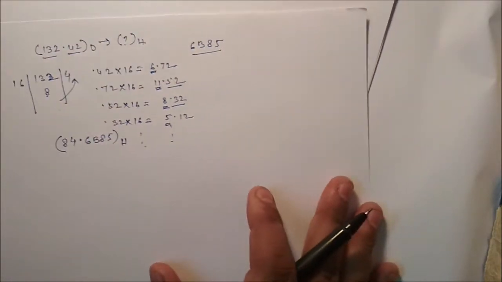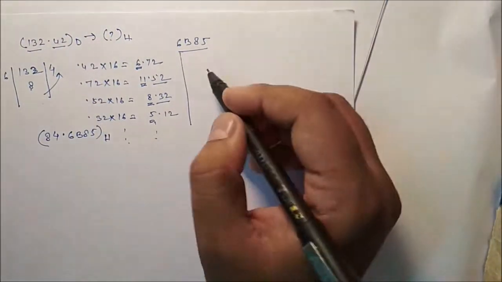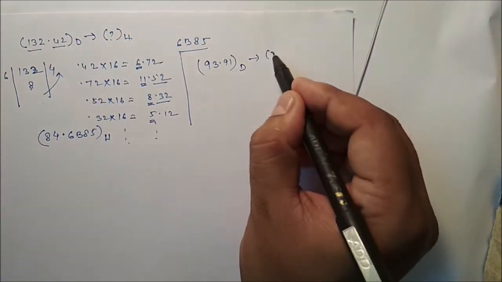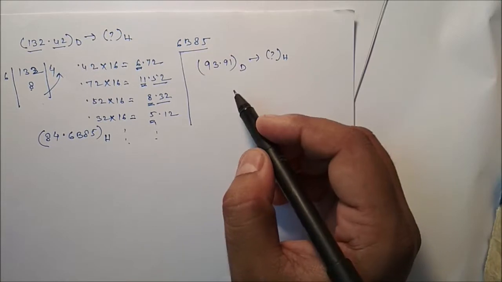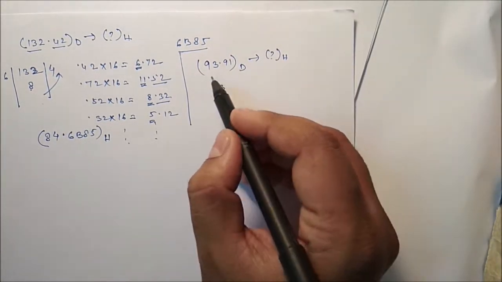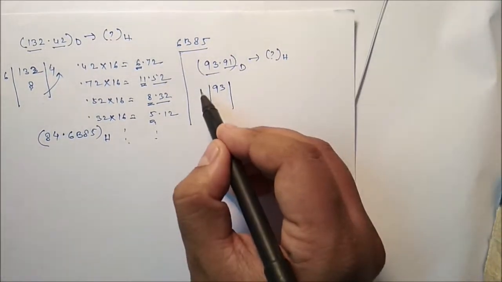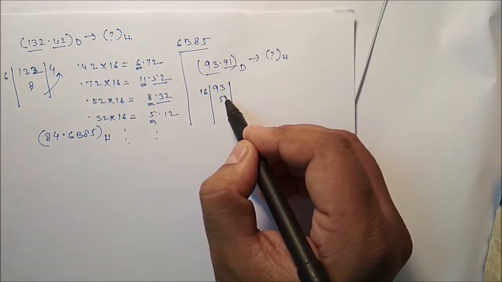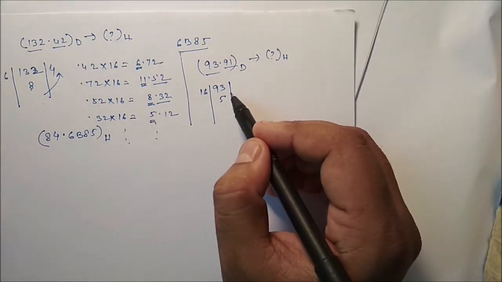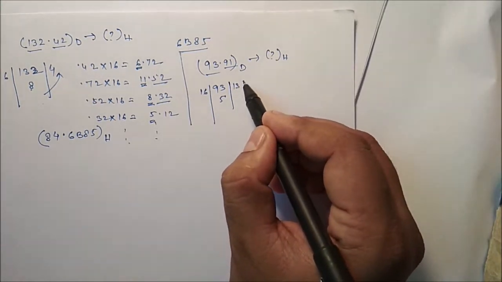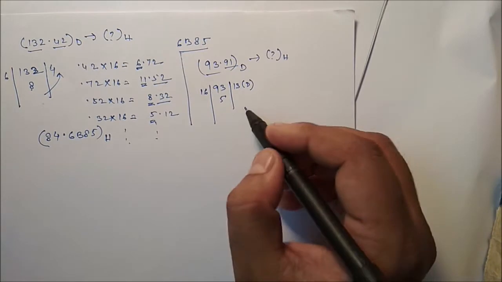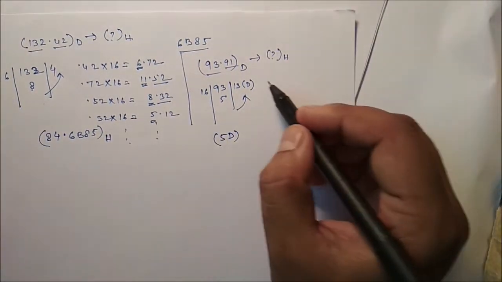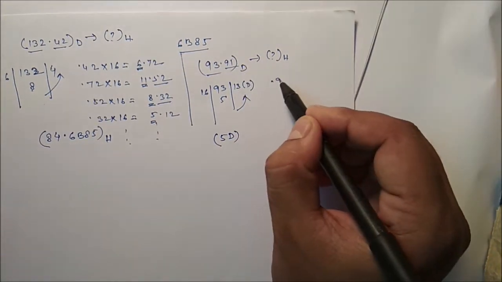Okay. And we can take another example. Suppose our number is 93.91. That is in decimal. We have to convert this into hexadecimal number. So separately you have to convert. 93 divided by 16, quotient will be 5 and the remainder will be 13. Okay, that is nothing but D. So it is 5D, and we have to convert 0.91 into hexadecimal.